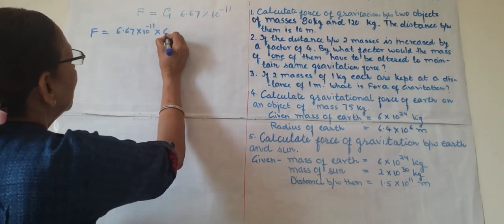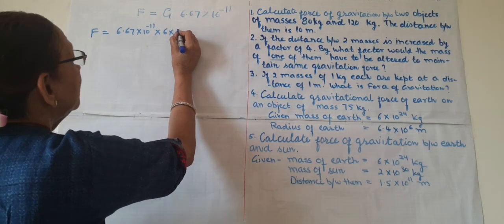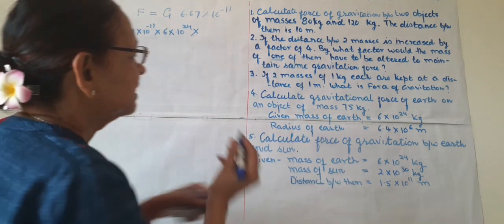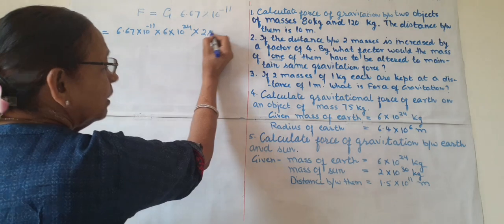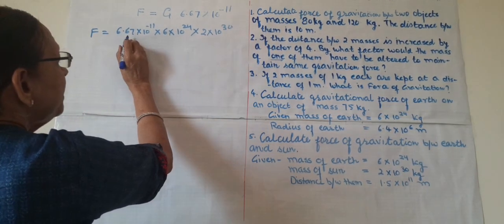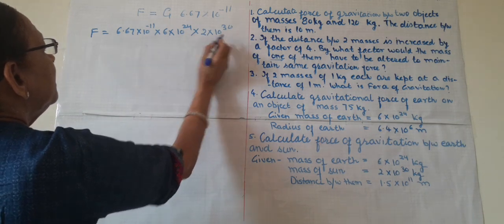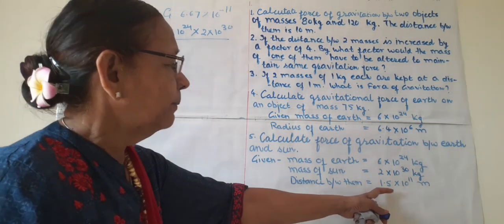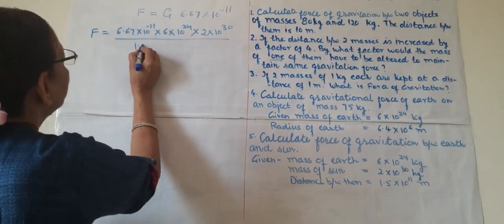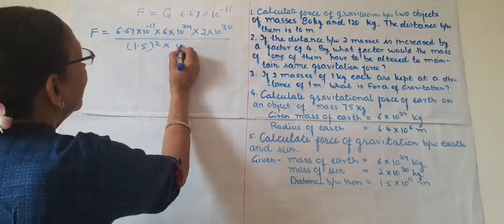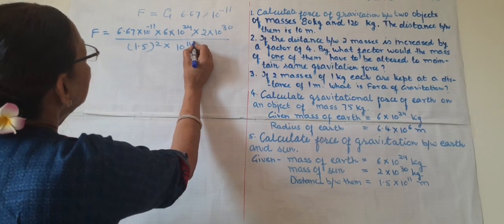M1 is Earth, 10 raised to power 24 into M2. M2 is Sun, 2 into 10 raised to power 30. So this is G, capital G, M1, M2 divided by the distance between them. Distance is 1.5 square into 10 raised to power 11 square.